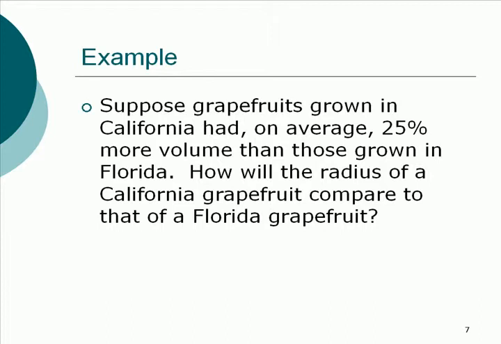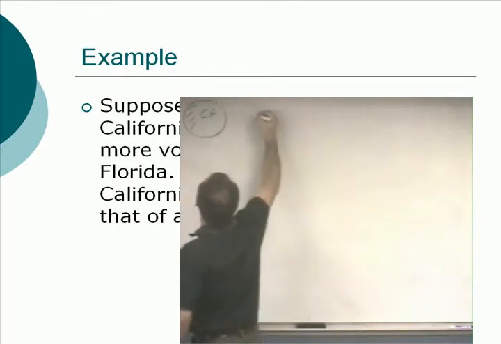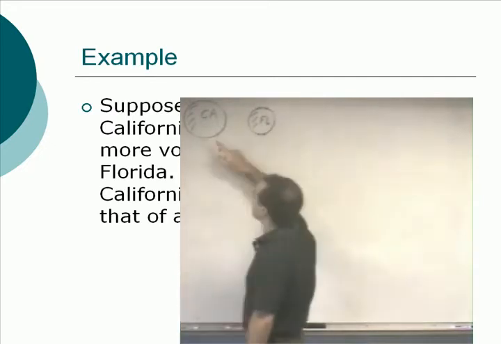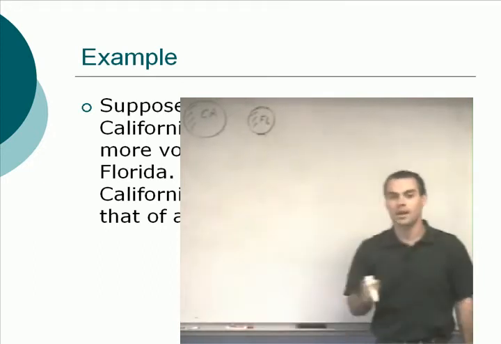If the California grapefruits are 25% bigger than the Florida grapefruits, how do their radii relate? Well, obviously the California grapefruits have to have a bigger radius. The question is, is the radius 25% bigger? No.